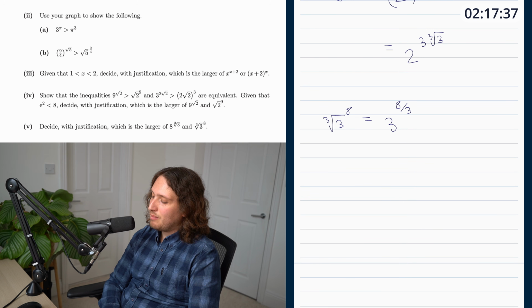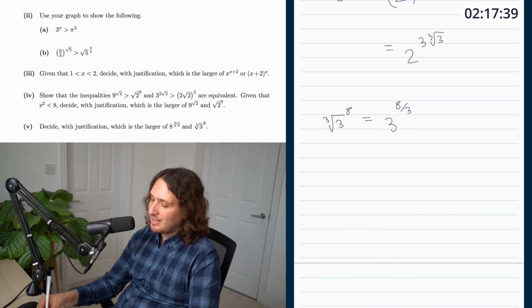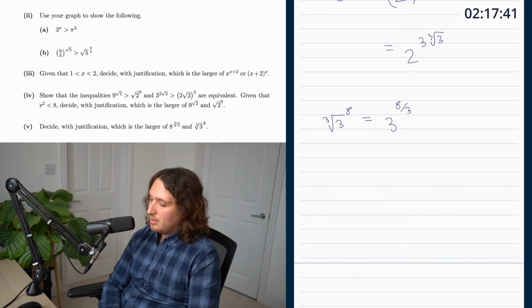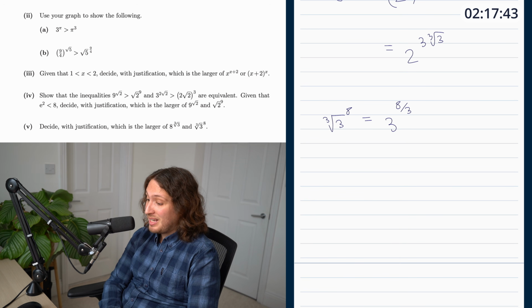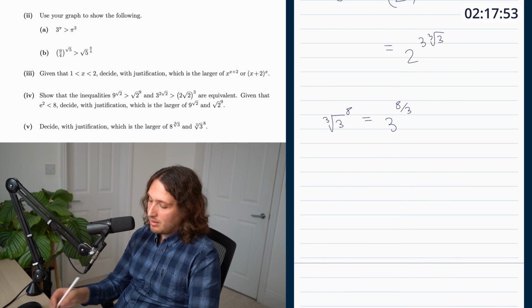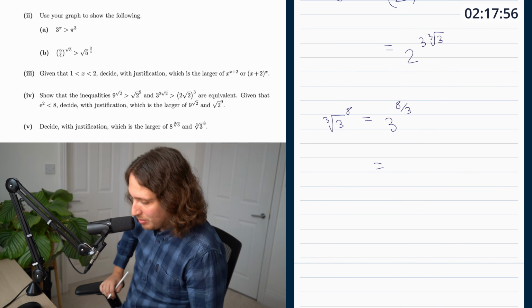So I want it to the power of the base of the other one. So this should be really simple. I'm drawing a blank.